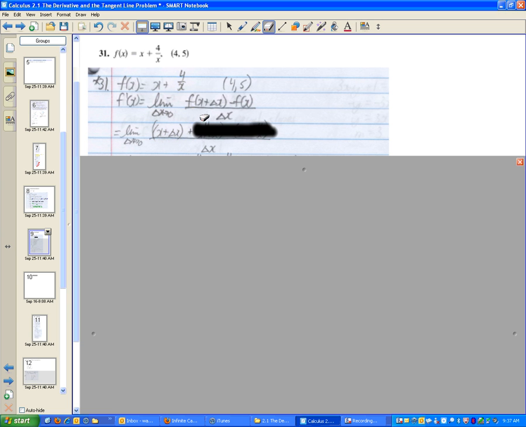And instead of 4 over x, we put 4 over x plus delta x. All right, so then we're looking back here at our definition. Next thing is minus f of x. So minus x plus 4 over x. You just solve. That easy. You just solve.